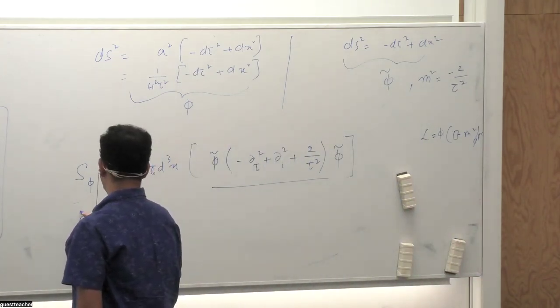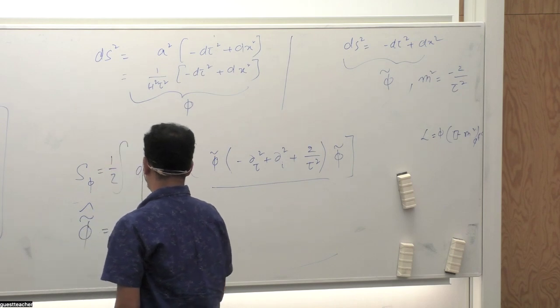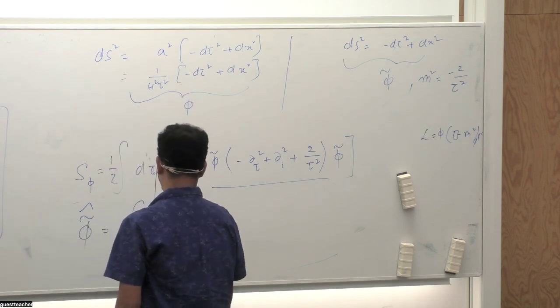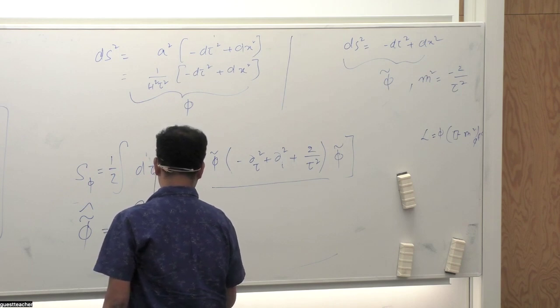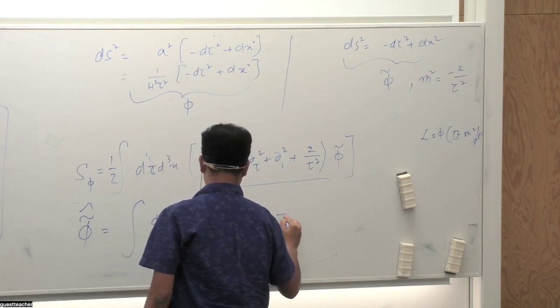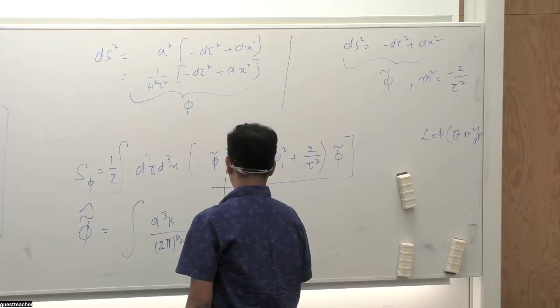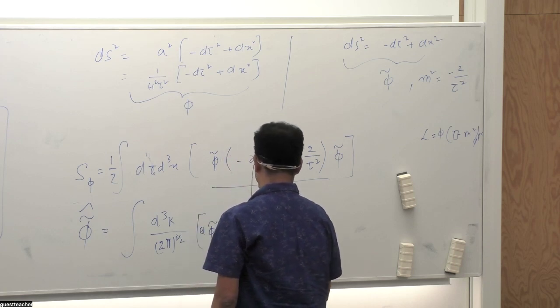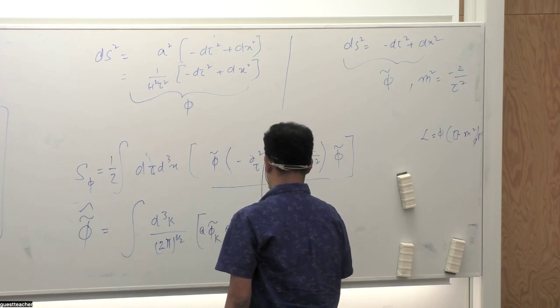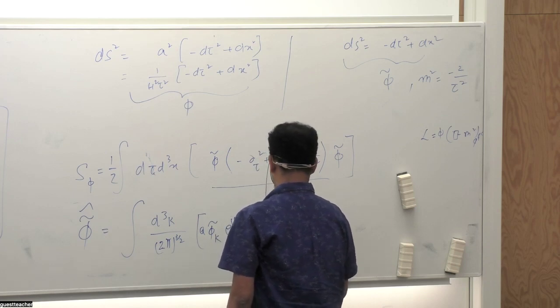We promote this field to an operator and just write the Fourier transform, with A phi tilde k plus A dagger phi tilde k star.